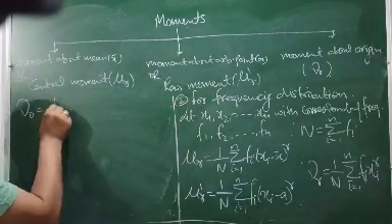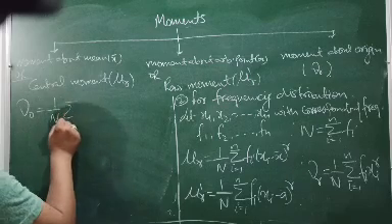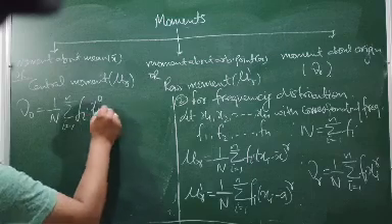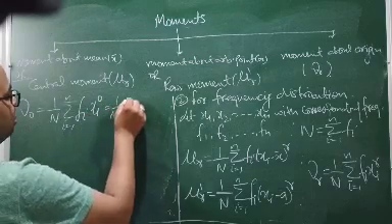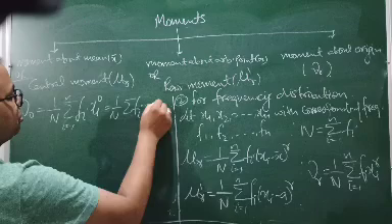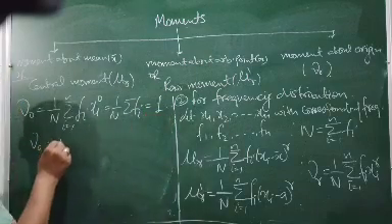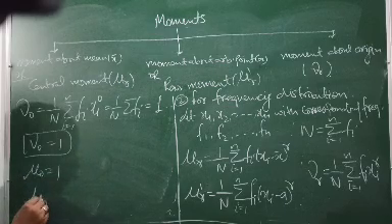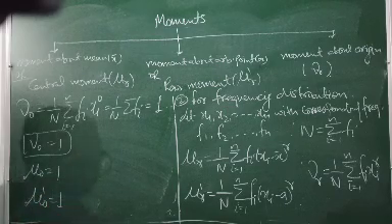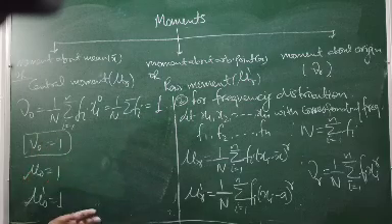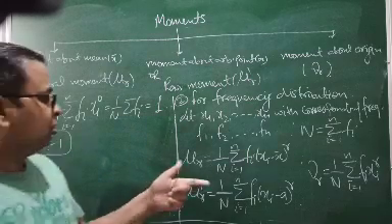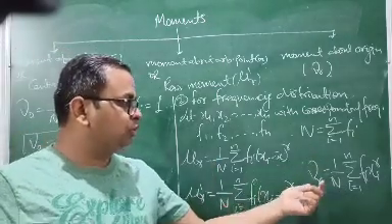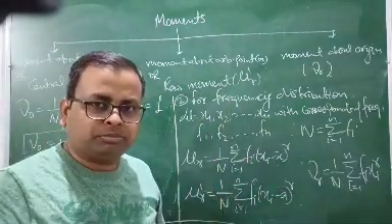Nu 0 is 1 upon capital N summation i varies from 1 to n fi xi to the power 0. This is also 1 upon N summation fi, which is equal to 1. So we see here if r is equal to 0, mu 0, mu dash 0, and nu 0 are all equal to 1.